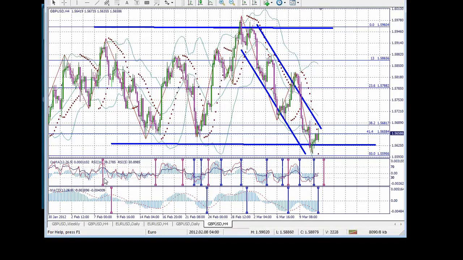Okay, so you can find the rest of the signals in that period. The red ones are for the daily chart and the blue ones are for the 4-hour chart.